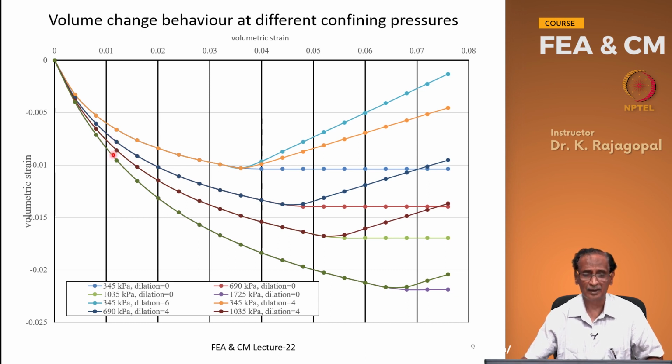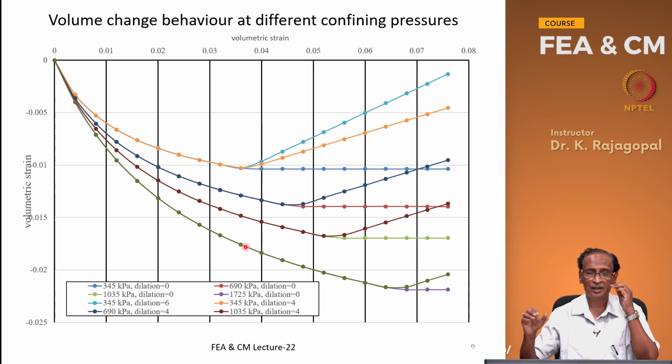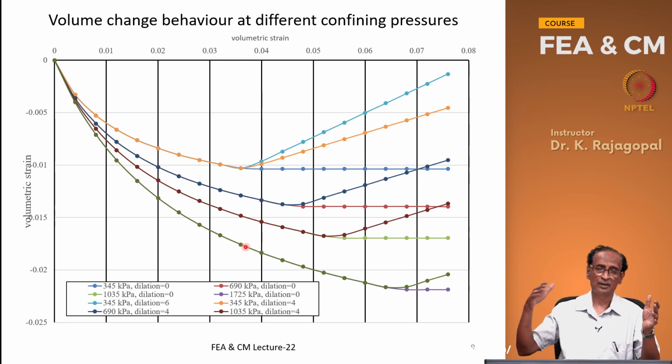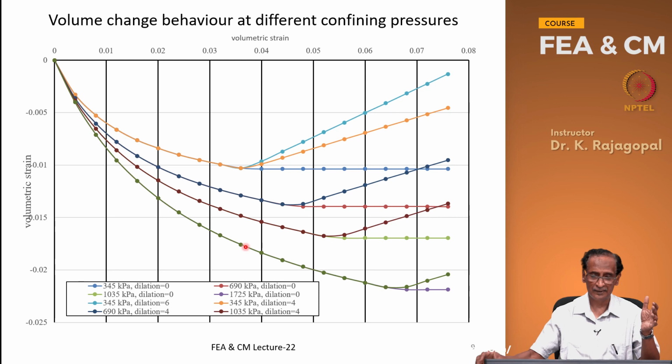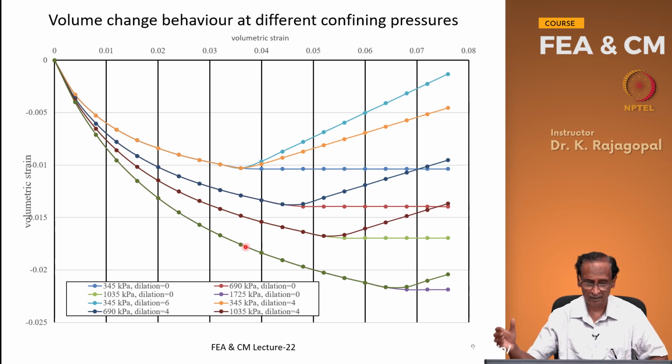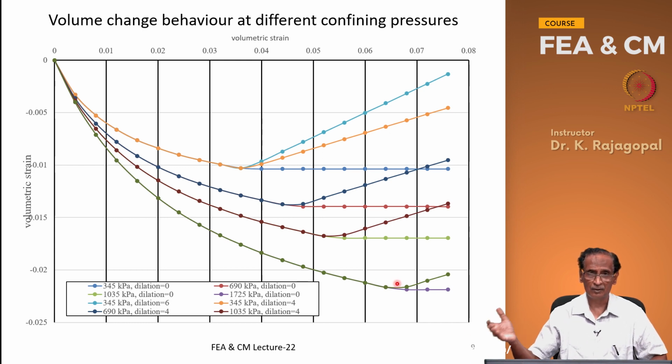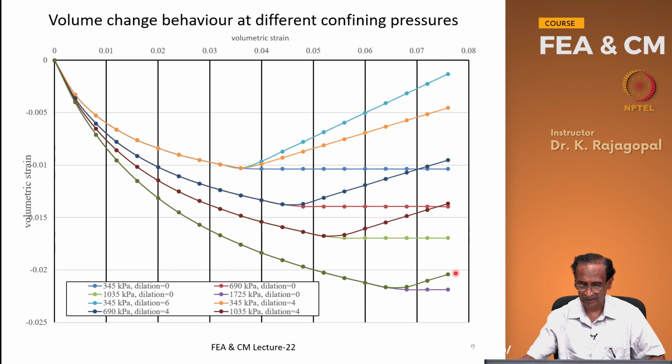At larger confinement, you will have more volumetric compression, because the soil will have so much strength that you have to mobilize so much shear stress before the soil starts failing or undergoing plastic deformations. So, you will see that at a larger confining pressure, the soil will compress for a longer duration, up to larger shear strains, and only then will it start expanding.